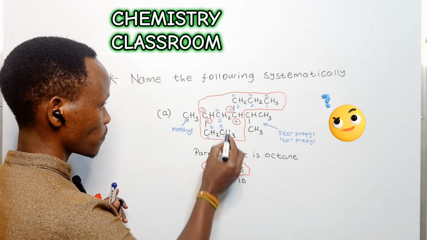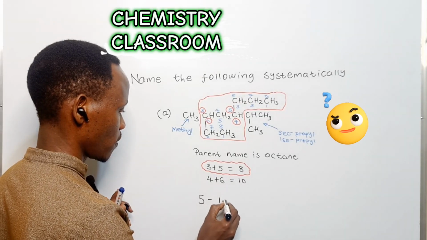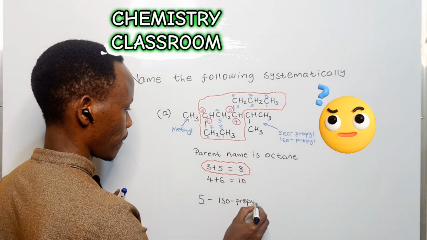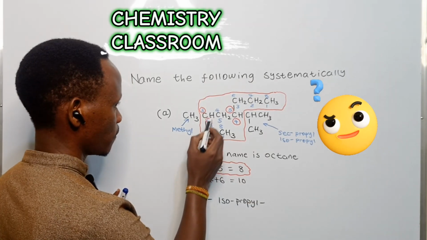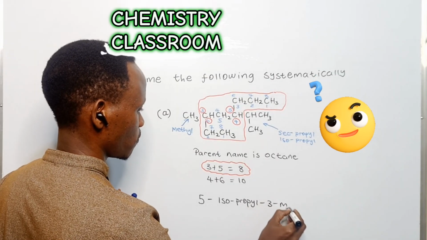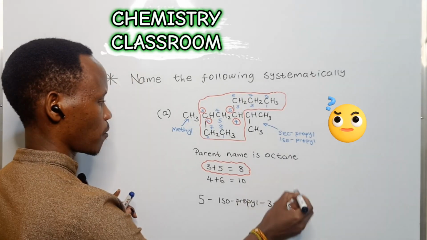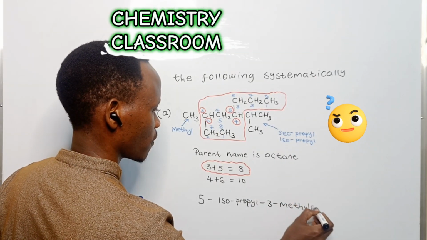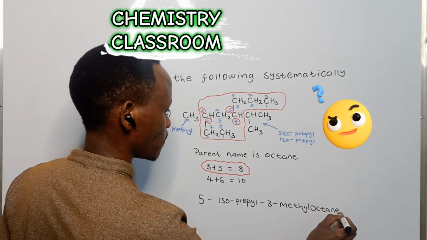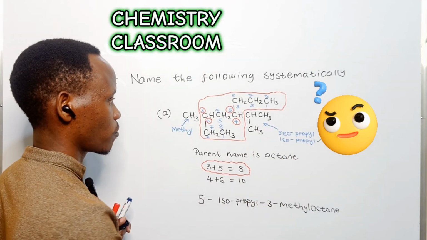Since we are using this, on position 5 we have an isopropyl group, and then on position 3 we have a methyl group, and finally our parent name. What is the parent name? The parent name is octane. So this is one name for someone who has used isopropyl.